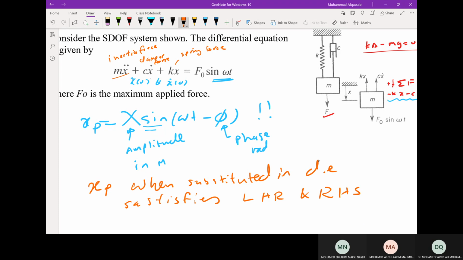And we know that those are vectors. If you put a vector representation of displacement, velocity, and acceleration, we talked about this in chapter 1, that velocity is leading displacement by 90 degrees, and acceleration is leading velocity by 90 degrees and leading x by 180 degrees.